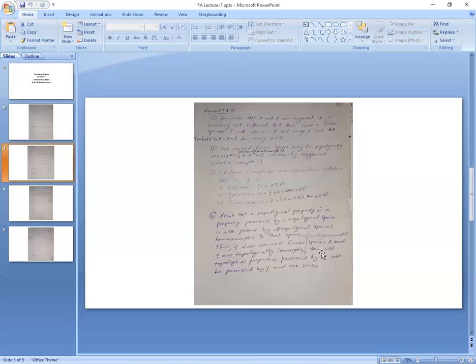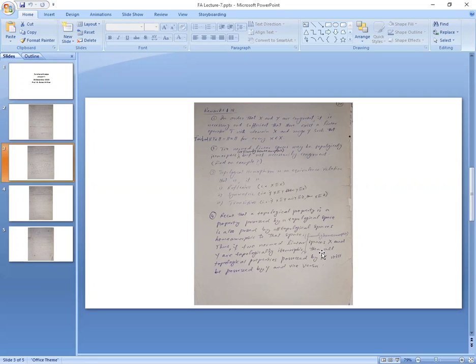Now we prove one result about topological isomorphism. You know that by definition, if X and Y are two normed linear spaces, then they are topologically isomorphic if there exists a topological isomorphism from X onto Y. This is by definition when two normed linear spaces are topologically isomorphic.